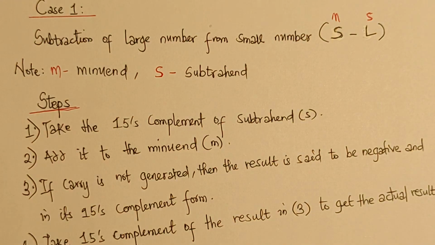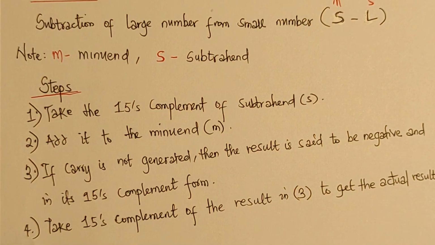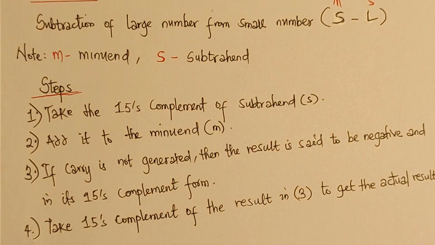The next step, step 4, is to take the 15th complement of the result generated from step 3 again to get the actual result. To cut this story short, let me take you through an example. So let's start with example 1.